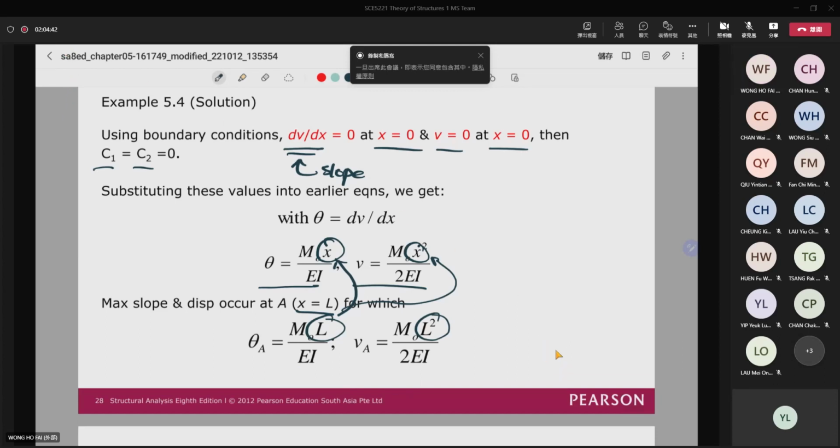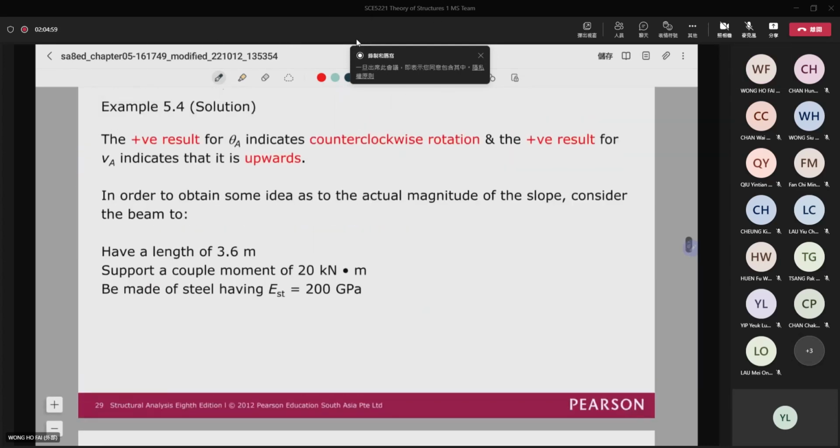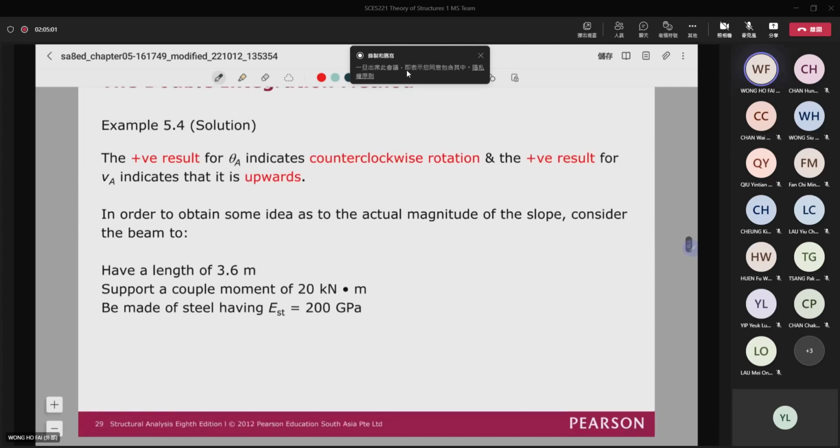Okay. Do you know what I mean? So the positive answer means that it is in counterclockwise rotation.